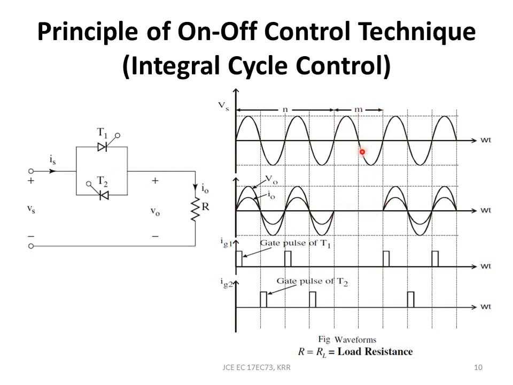In this case, I have kept it on for 2 cycles and off for 1 cycle, and then it will repeat: again 2 cycles on, that is n cycles, and then m cycles off. So intermittent voltages are being applied to R, not the complete input, only part of the input is being applied at the output. So definitely this voltage is going to be lesser than the input voltage.